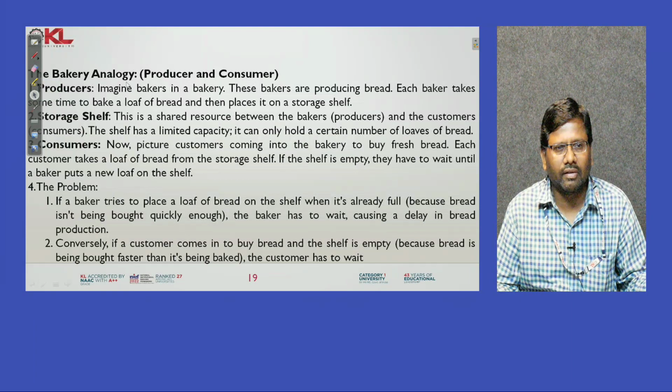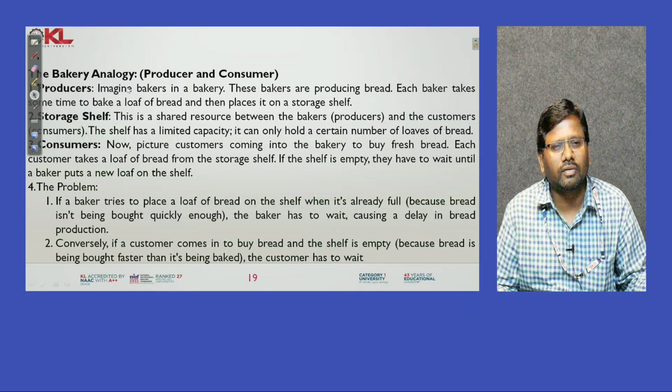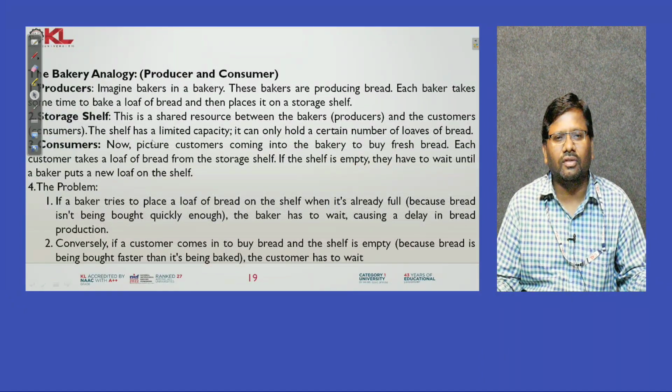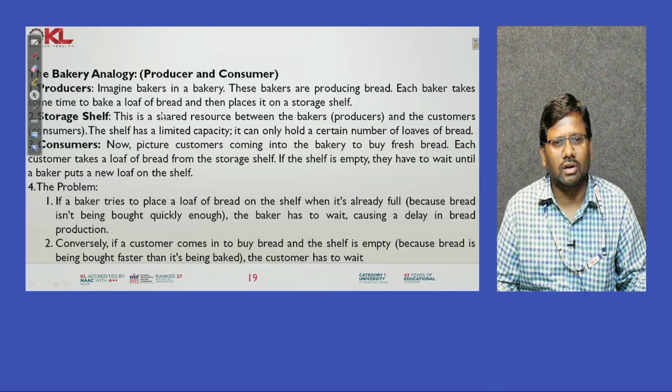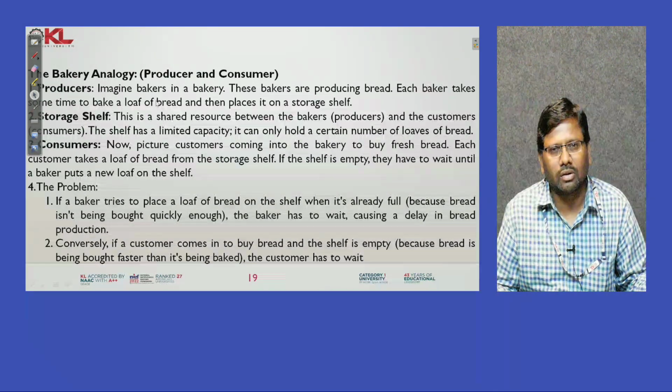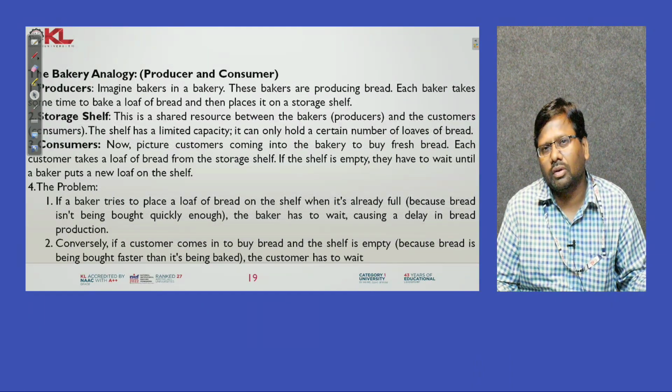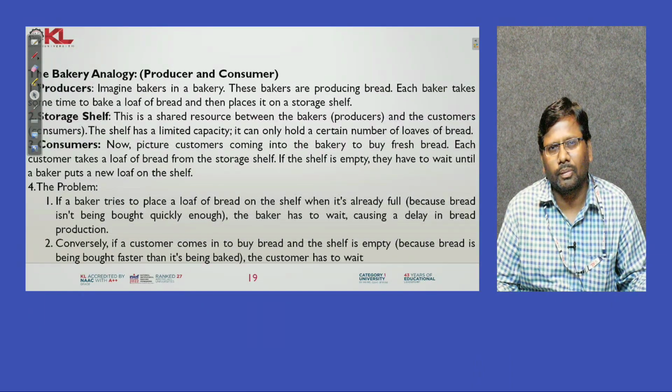Okay, next we have the bakery analogy. We could resemble the bakery with respect to the producer consumer problem. Suppose there is a shelf where the bakers are going to put the cakes. When more customers come, they are going to take the cakes from the bakery shelf.